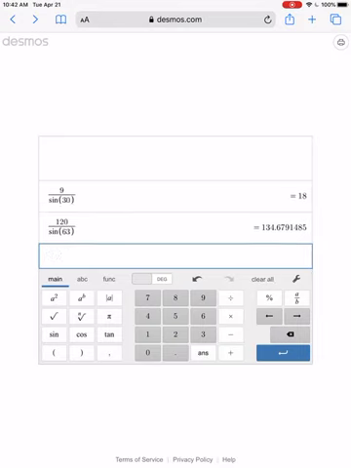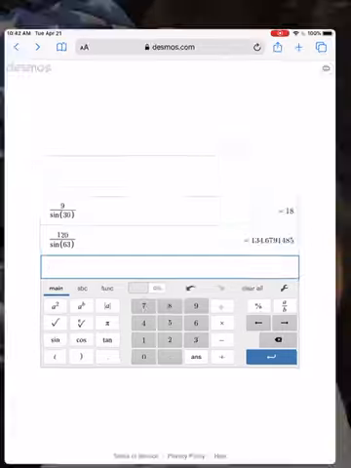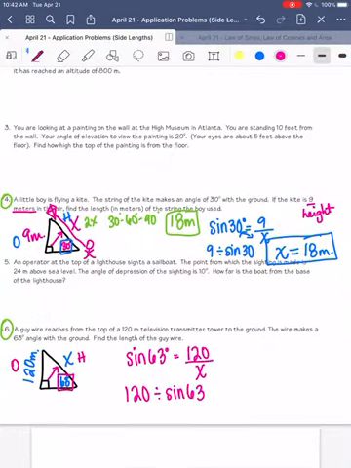And it's 134.679, so that 9 is going to bump the 67 up to 68. Okay, so 134.68, and I'm going to do approximately this time because I'm cutting off part of the decimal. And then our unit was meters.